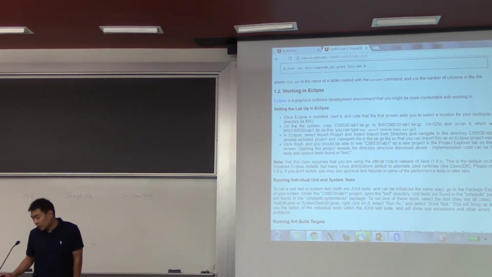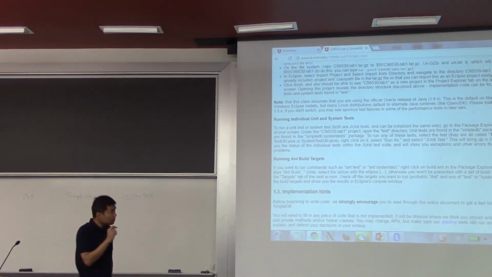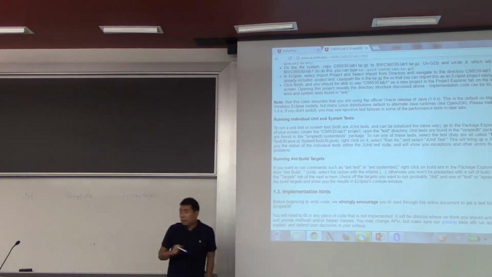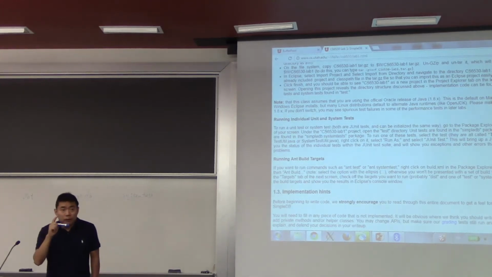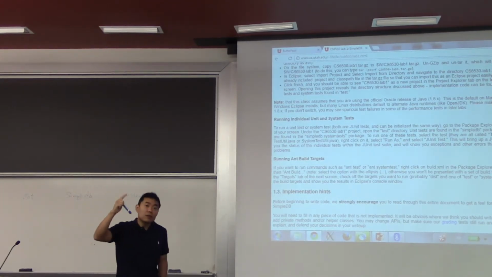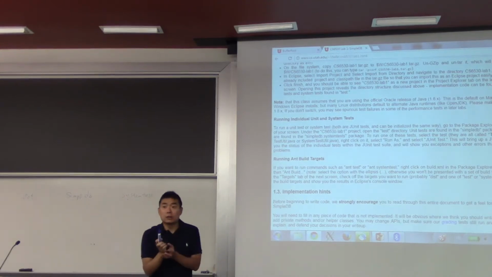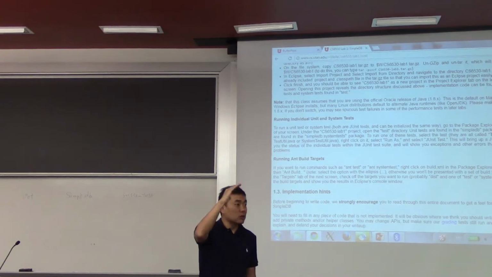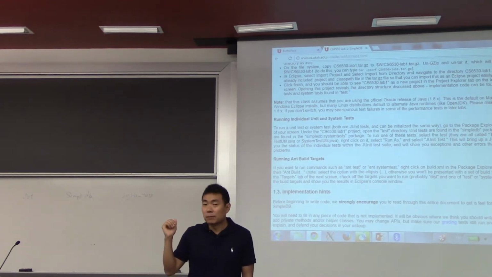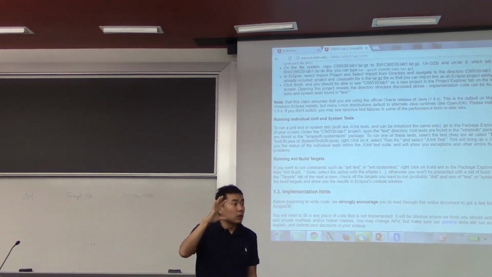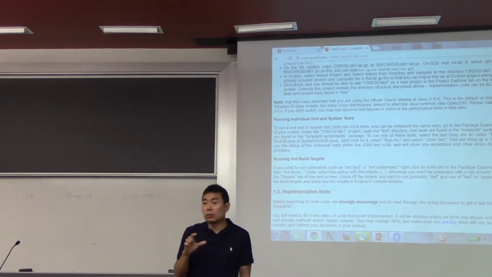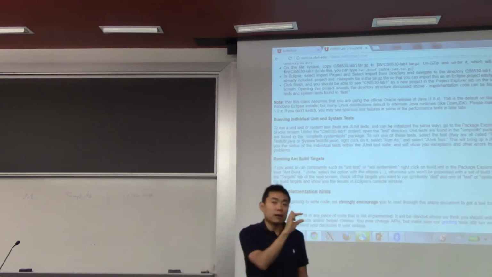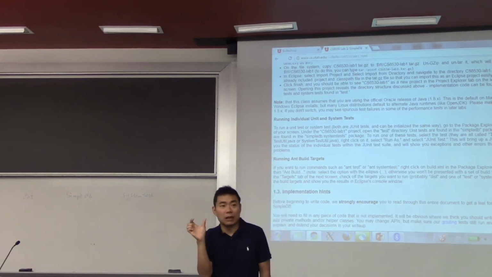Okay. The last thing I want to talk a little bit about is, as I mentioned before, the unit test cases and system test cases are bundled together. When you use Ant to run your code against either unit test cases or system test cases, your code will be run against all the test cases we have. But sometimes you may figure out, okay, my code didn't pass this particular test case.